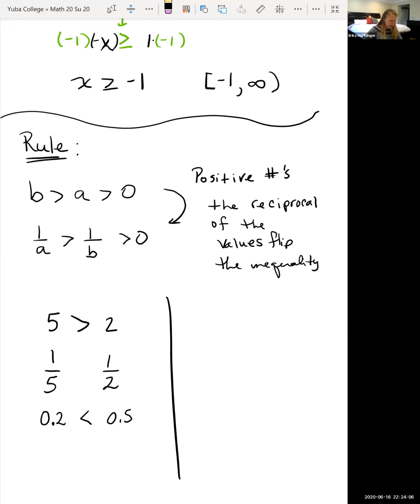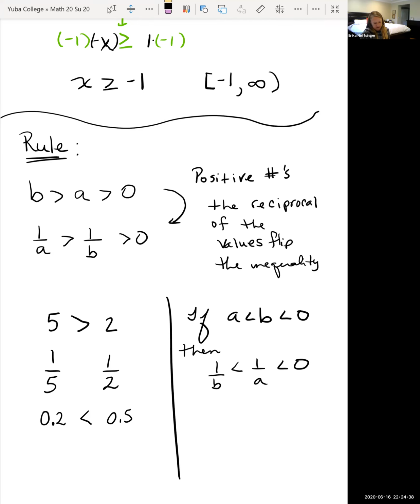And then if you have A is less than B, and it's less than 0, so if we're having a negative sign, then the reciprocal, 1 over B, is less than 1 over A, which is less than 0.